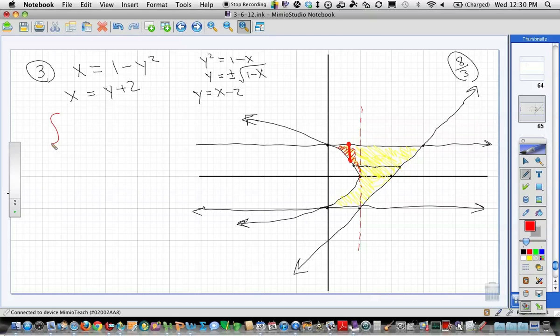So the integral would go from what to what? 0 to 1. The height of the strip is the top y coordinate, which is what? 1, minus the bottom y coordinate. What's the bottom y coordinate?